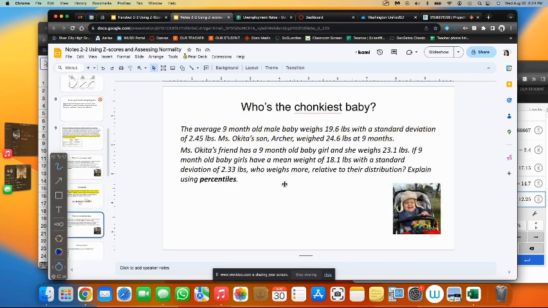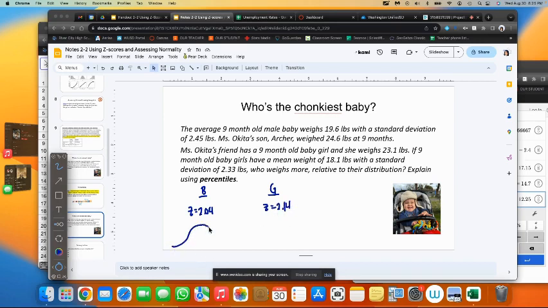So let's go back to our example here. Just remember for Archer, our z-score was 2.04, and for the baby girl, our z-score was 2.14. So again, we're going to sketch our distribution. Now that we've standardized our score, we can use our standard normal distribution. 2.04 is somewhere up here, and since we're looking for percentile, that means the area to the left.